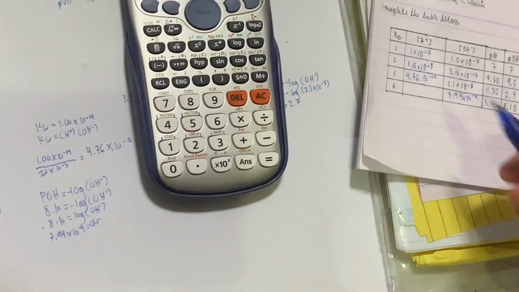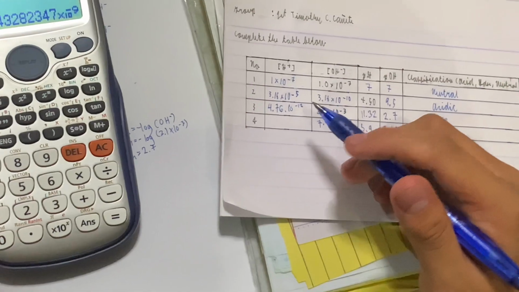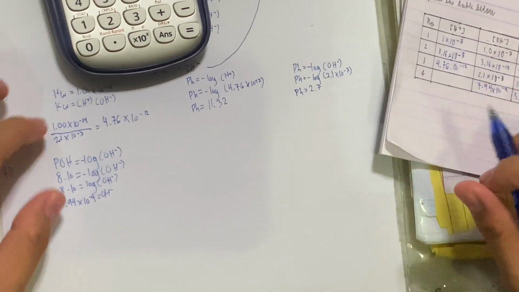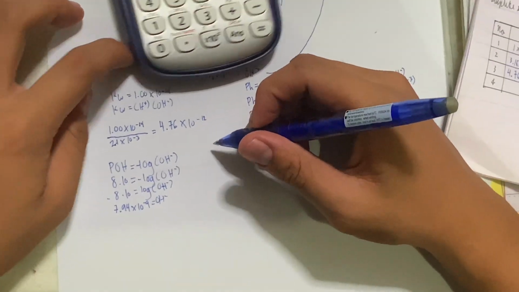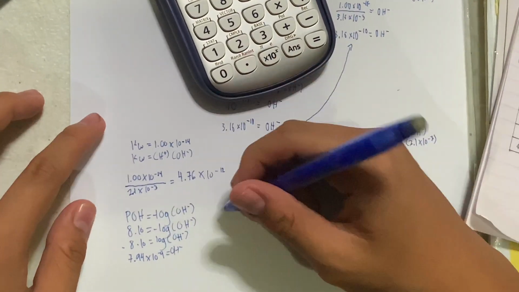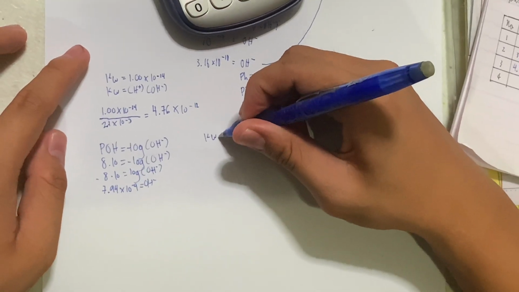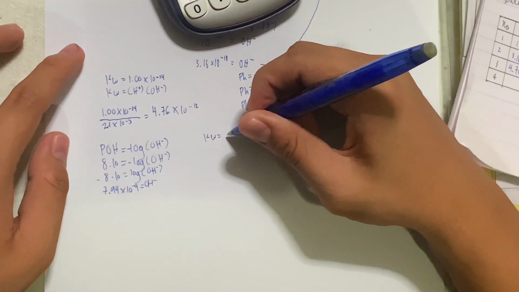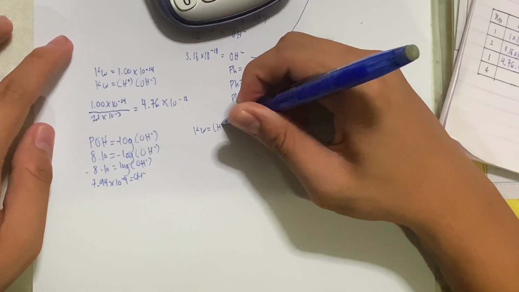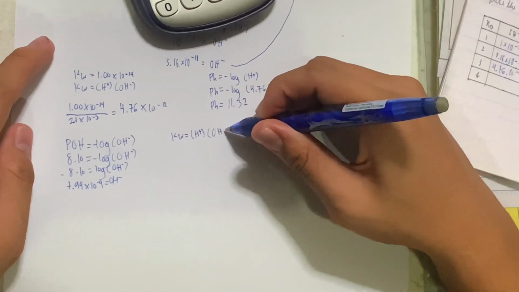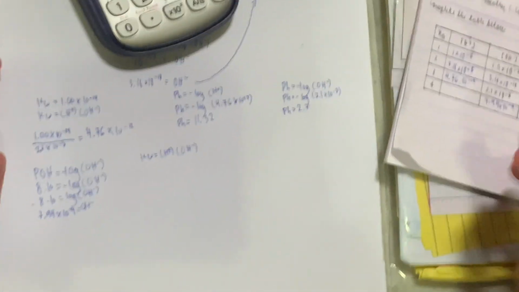So now, as for the hydrogen, it's gonna be the same process, which would be Kw. As you can see here, we have a Kw here. Kw is equal to hydrogen positive multiplied to our hydroxide negative. Since we don't have our hydrogen yet, we're gonna do with the hydroxide.